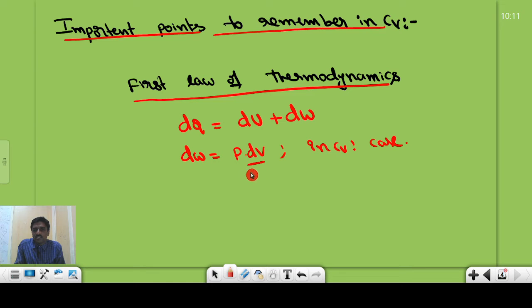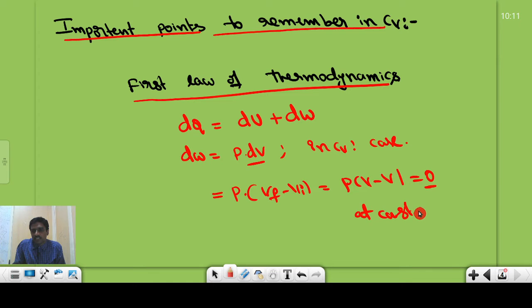Then the change in volume dV must be zero, so P into dV is equal to P into (V minus V), which is equal to 0, because we are maintaining constant volume.